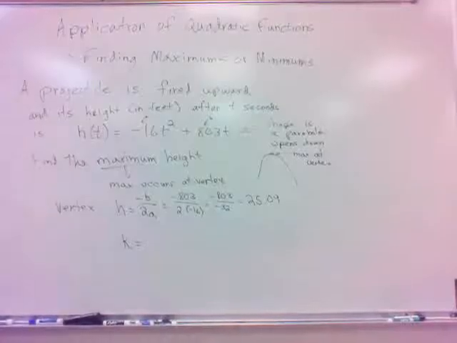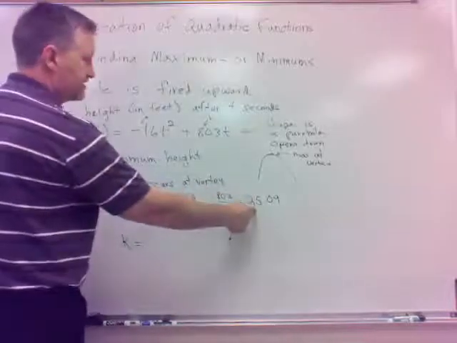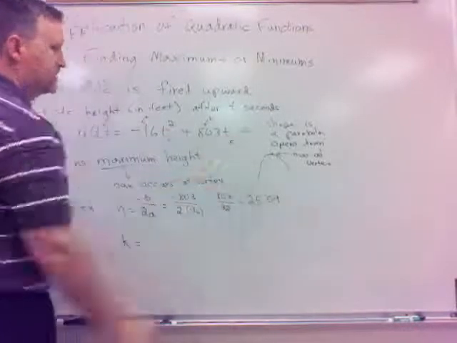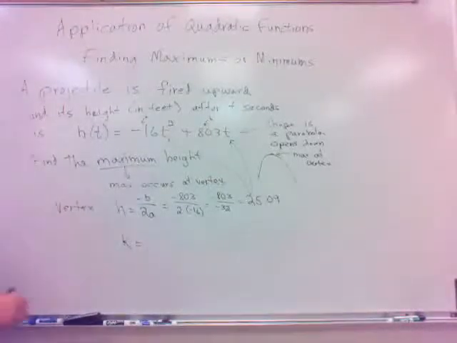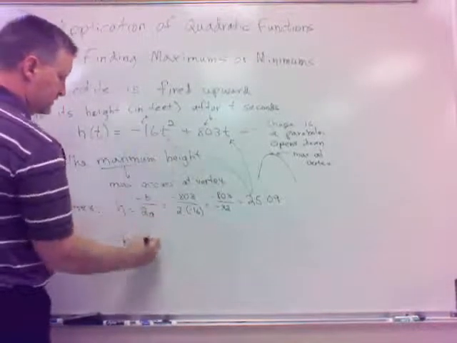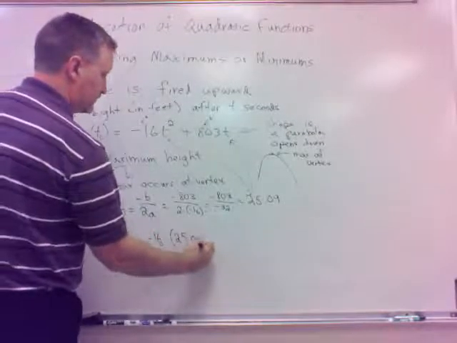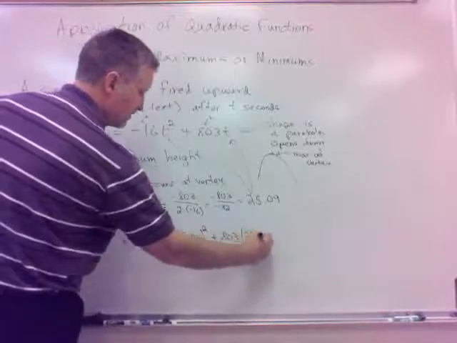K then would be what? How do I get k? Well, I don't have x's in this case. I've got t's. So wouldn't I plug this in for t, since t is playing the role of x? Just plug that 25.09 in for t. Negative 16 times 25.09 squared plus 803 times 25.09.